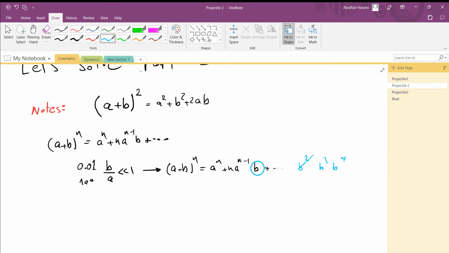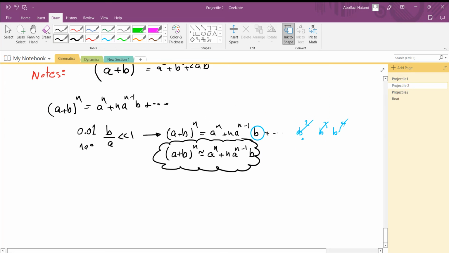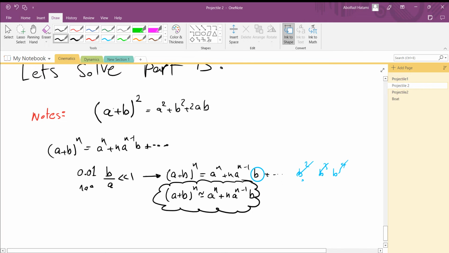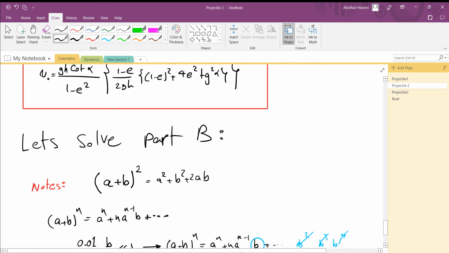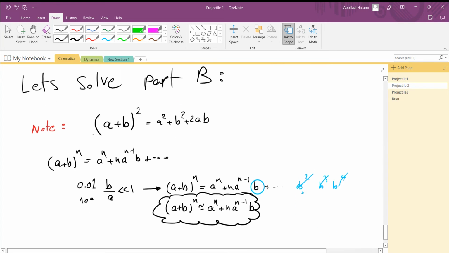I can suppose that all of them are 0, and just say that a plus b to power n is equal to a power n plus n a to power n minus 1 b. It means that I can do something like this with this expression. Okay, I just want to tell you this note. It's just a note.